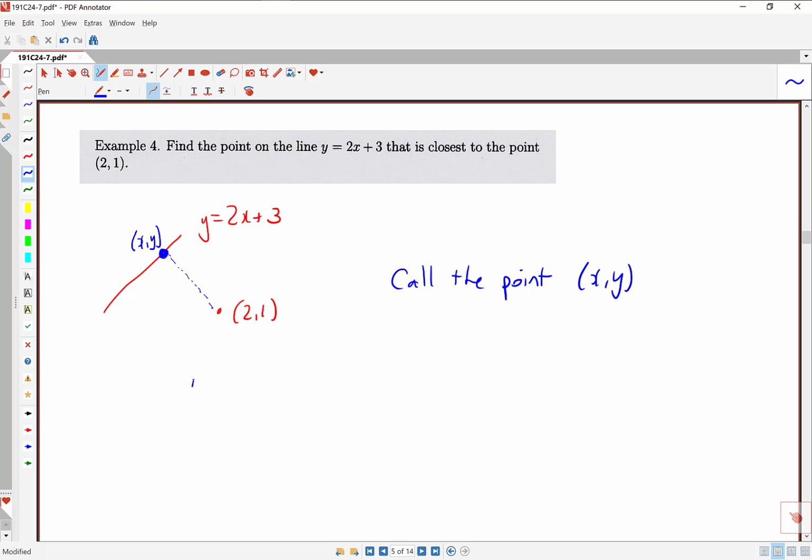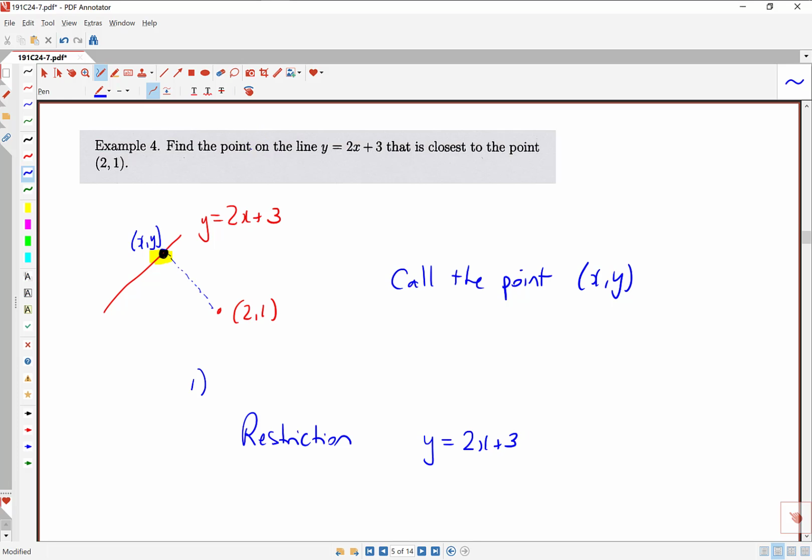So step 1, we need to write down what we're trying to maximize or minimize, and we also need to write down our restriction. Okay, so let's talk about the restriction first, because I think that's the easier of the two processes. So the restriction is that the point that we're looking for lies on the line y equal 2x plus 3. So that means our variables are related by the fact that y equals 2x plus 3.